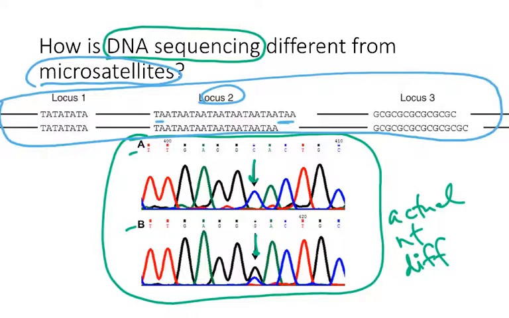So all the nucleotides are the same. What's different is how many repeats there are. So this one has 8, this one has 7. So that's what we're interested in. Microsatellites can give us some information about differences between individuals if they have a different number of repeats for that particular microsatellite, for instance, but they cannot give us any information about actual nucleotide differences. That's something that only DNA sequencing can give us.